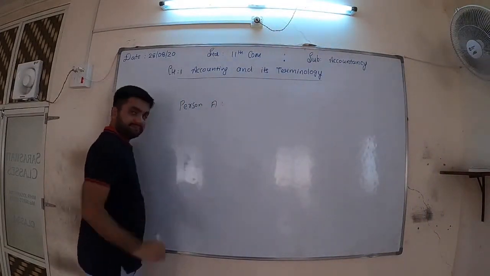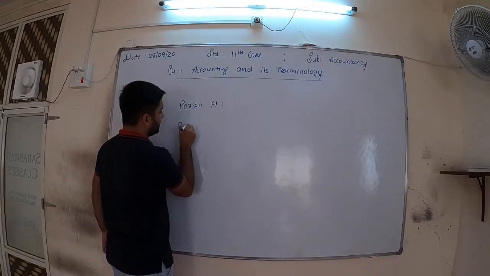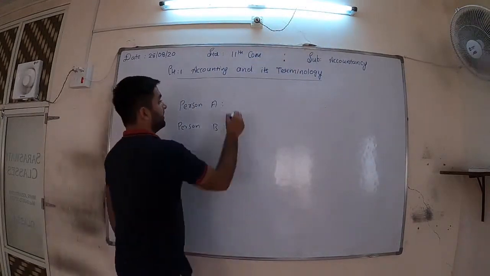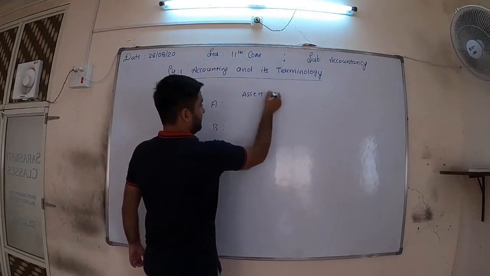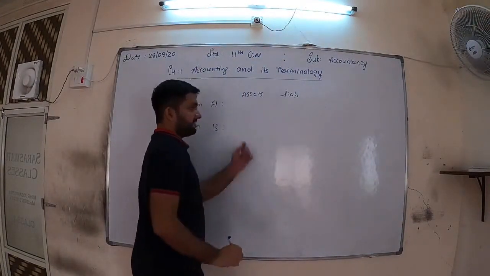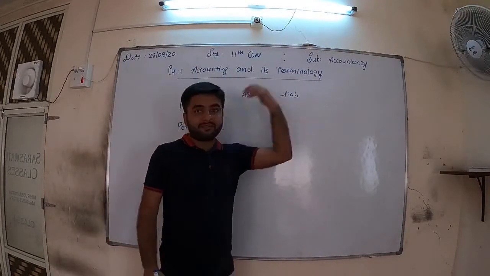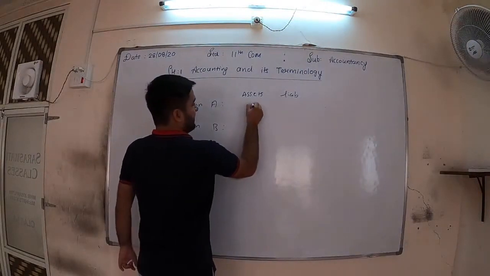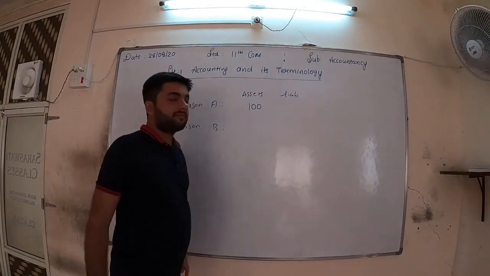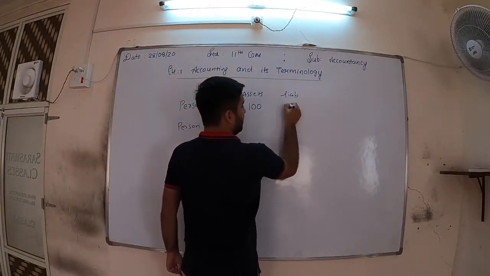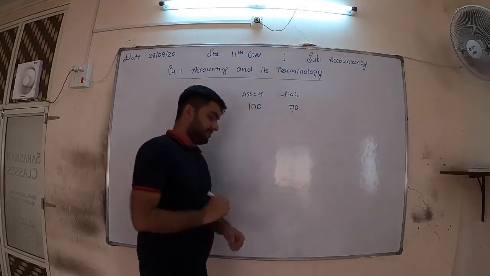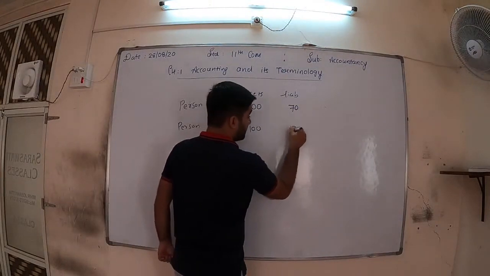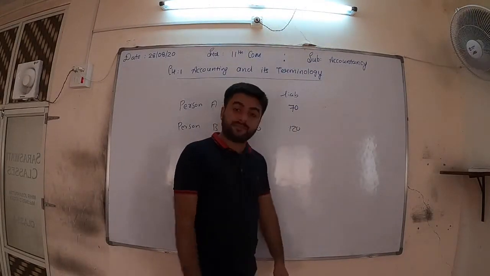We are having two persons, person A and person B. Assets, liability. Asset means which are ours and liability which we have to pay. For person A, the assets are 100 rupees and his liability is 70 rupees. And for person B, his assets are 100 rupees but his liability is 120 rupees.